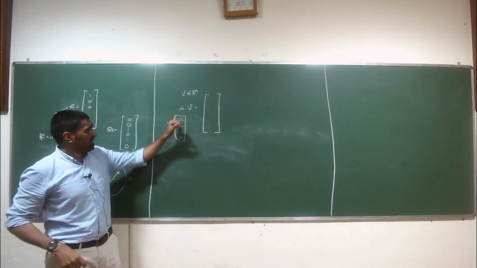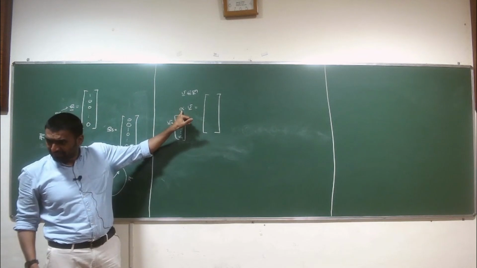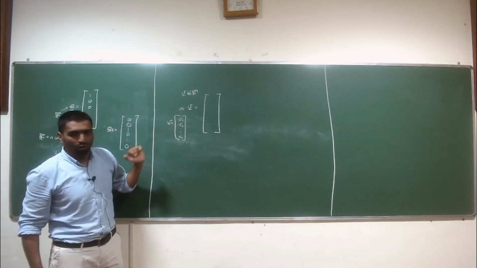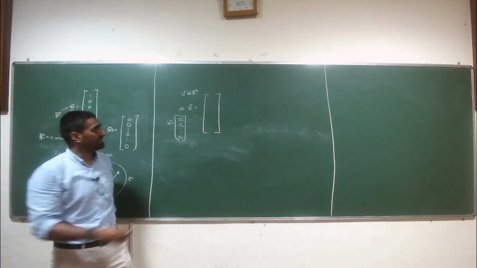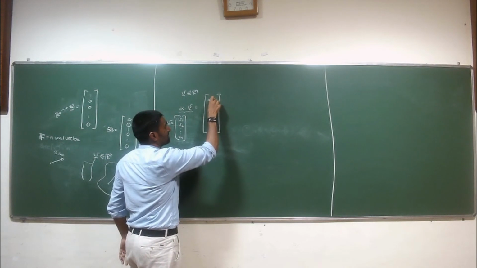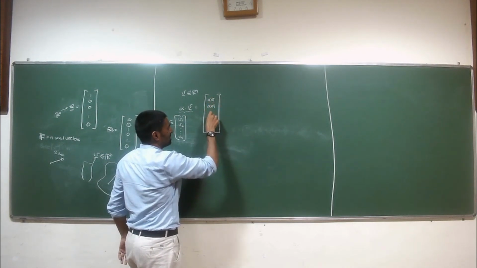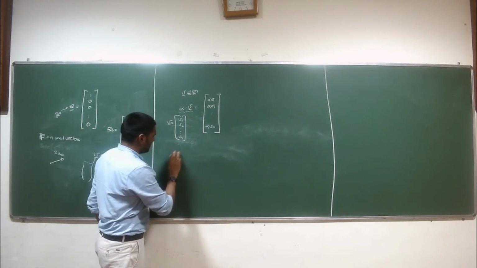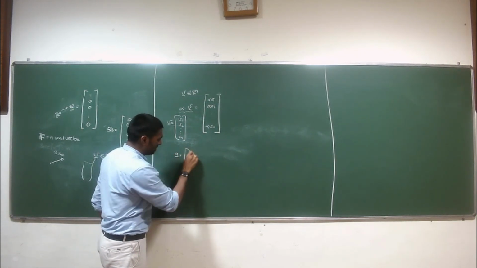When you say you're scaling a vector by alpha, you simply take alpha and multiply it to all of the individual elements of your vector. So the scaled vector alpha V will be alpha times V1, alpha times Vn.